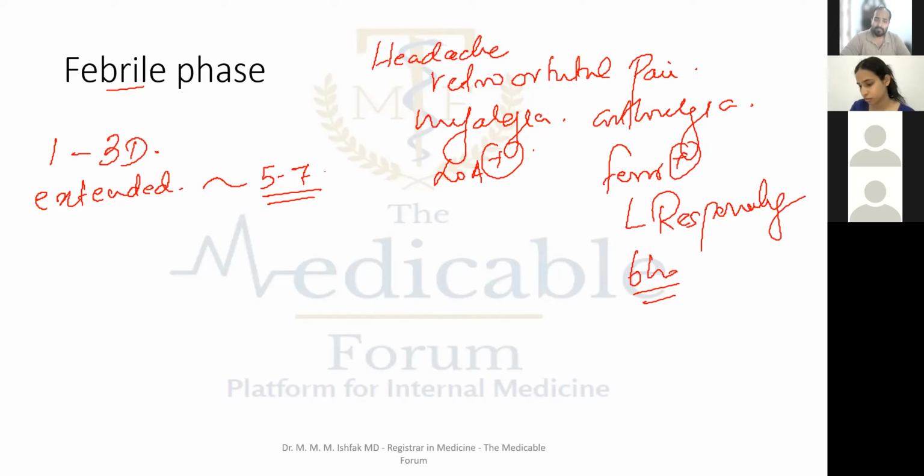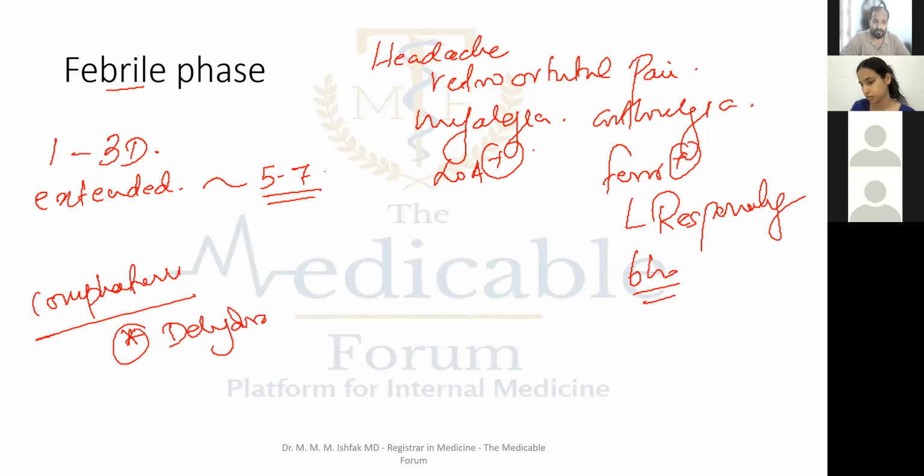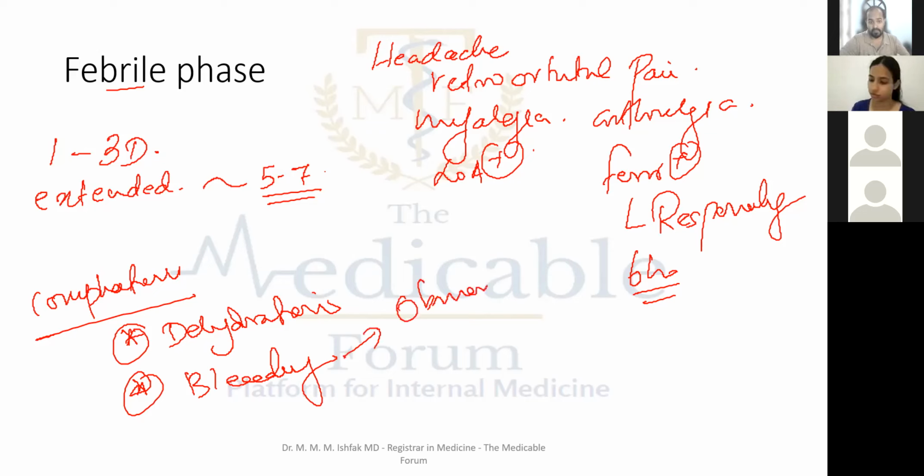So during this period, what complications can we expect during the febrile phase? One thing is dehydration. Dehydration is the most important complication in the febrile phase. Next is bleeding. Even before the critical phase begins, in the febrile phase itself, platelet dysfunction will start, so you can start bleeding. This bleeding can be obvious bleeding, and it can also be occult bleeding.